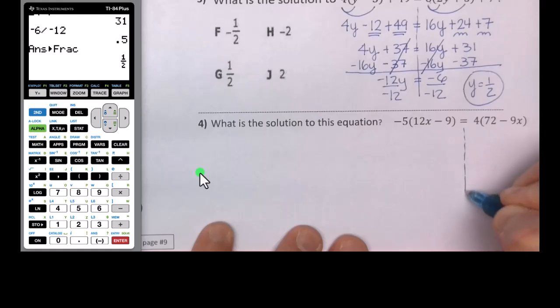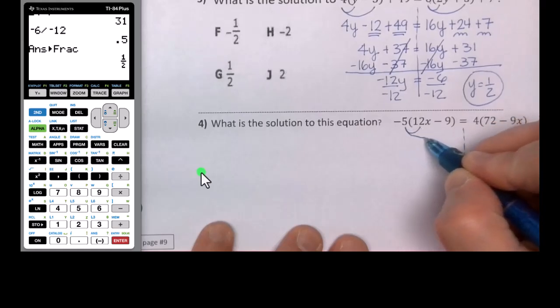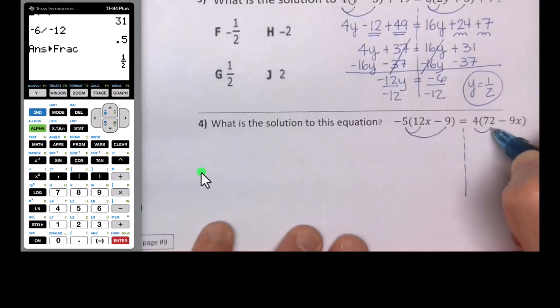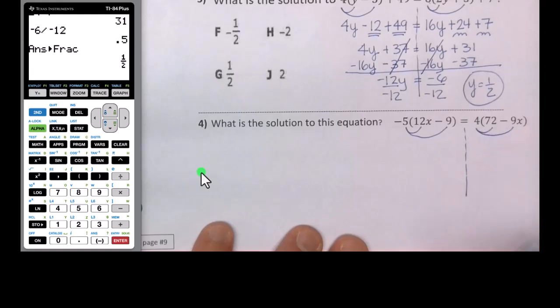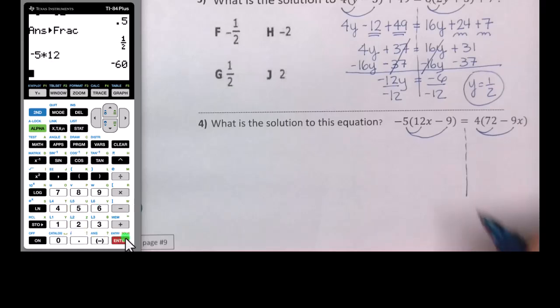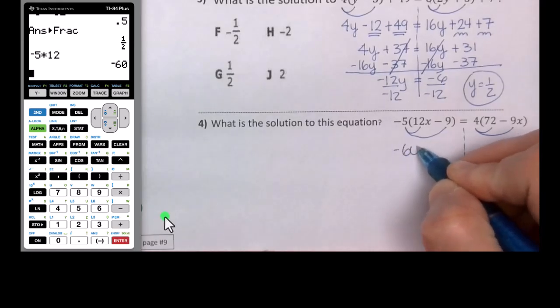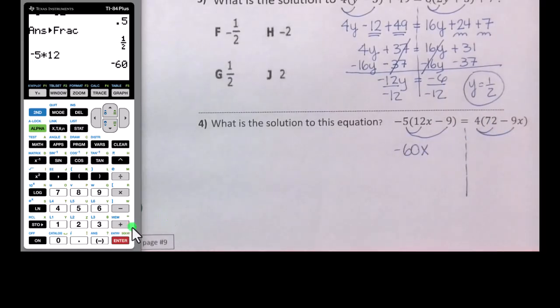Okay, so here's the border. Negative 5 times 12, negative 5 times negative 9, 4 times 72, 4 times negative 9. So let's use the calculator. Negative 5 times 12. Enter. We get negative 60x. Then we have negative 5 times negative 9. Enter.